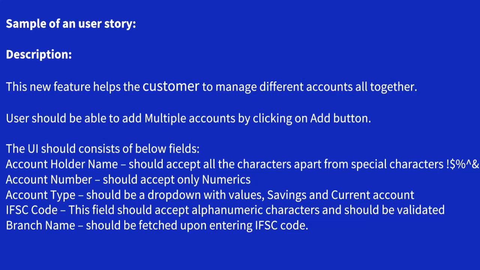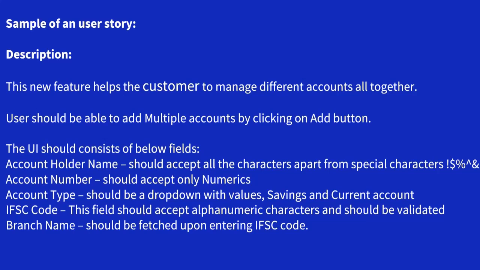Account number should accept only numerics. Account type should be a drop down with values savings and current account. IFSC code should accept alphanumeric characters and should be validated. Branch name should be fetched upon entering the IFSC code.